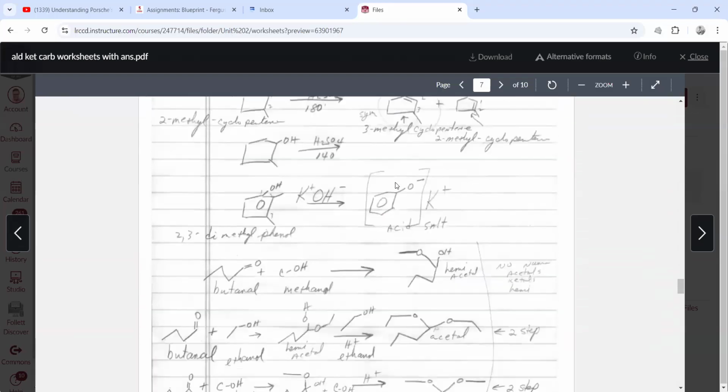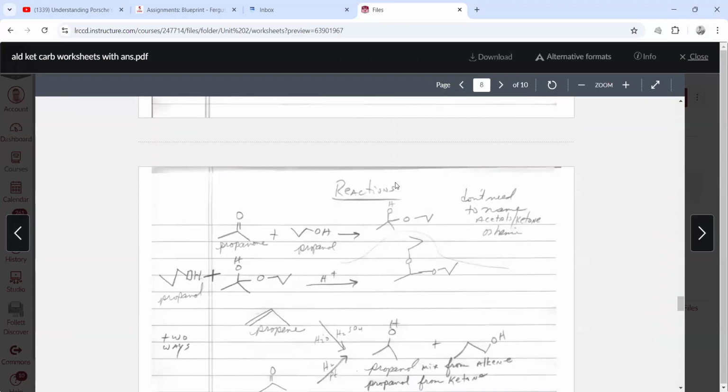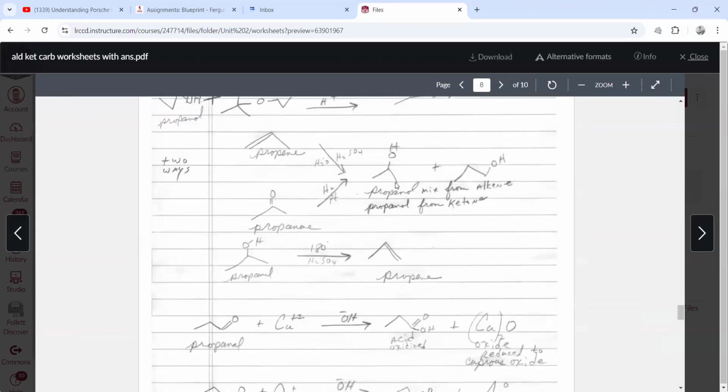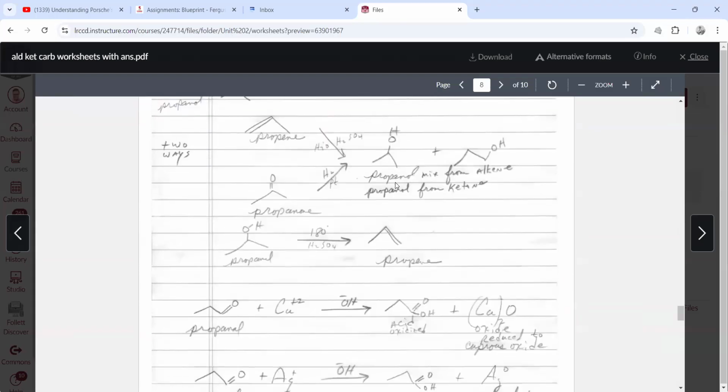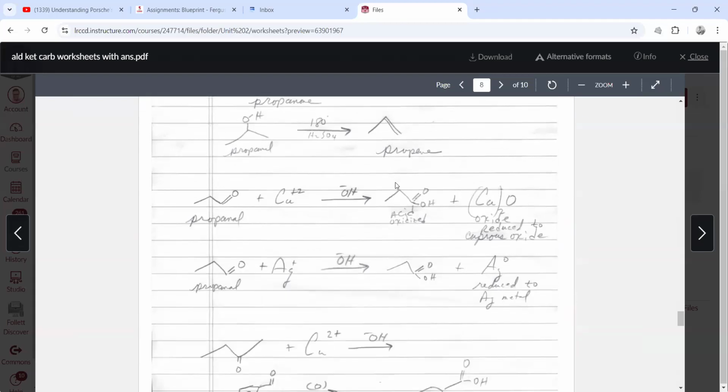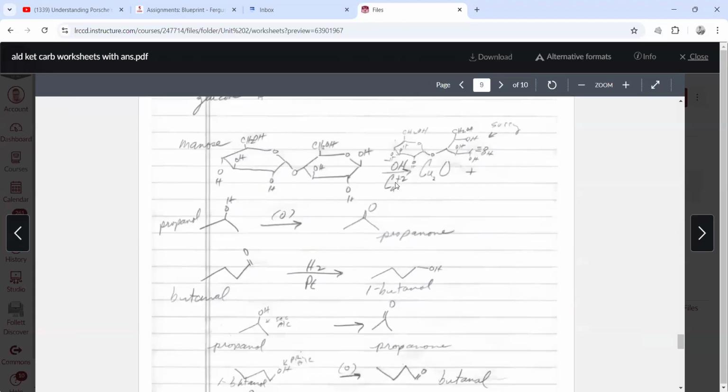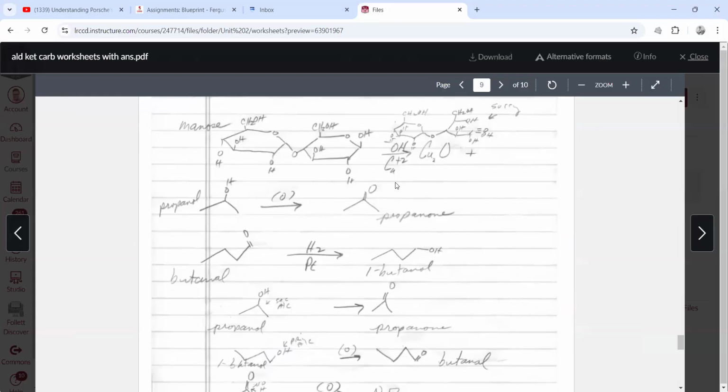And this one has the answers as well. Hopefully the answers are all correct. I've been known to make occasional errors. Okay, so I encourage you to print those off and practice that some more. Okay, any last minute questions?